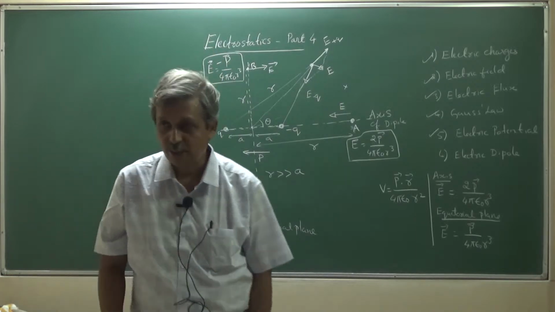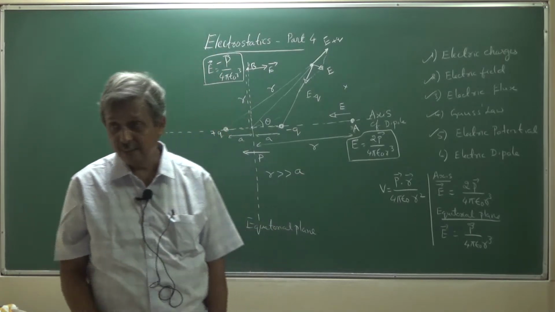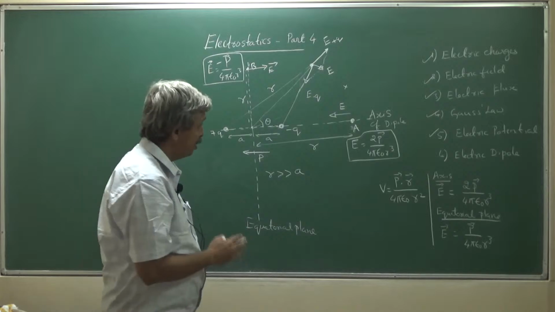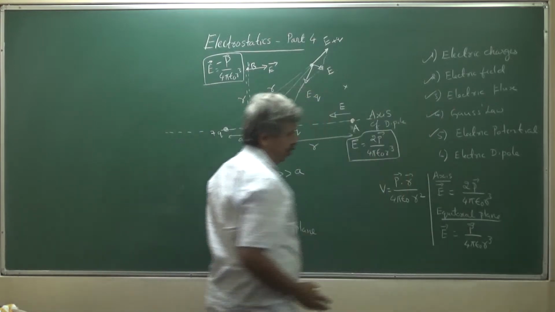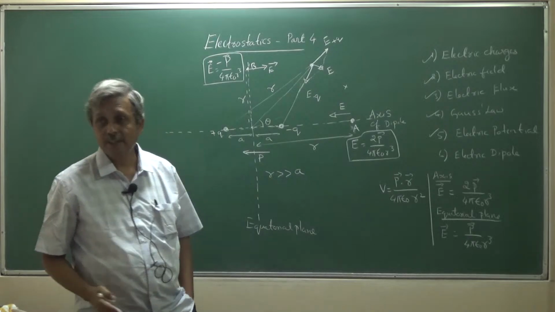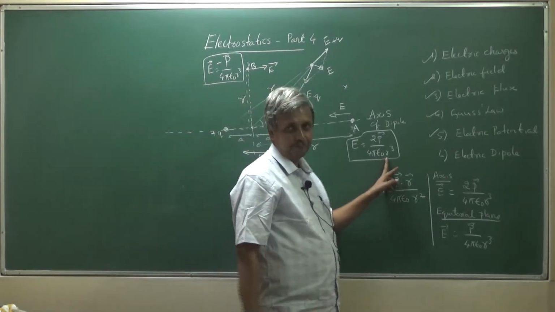One thing we understood. Second thing we need to understand is that as you go further and further, electric field decreases because R is in the denominator.